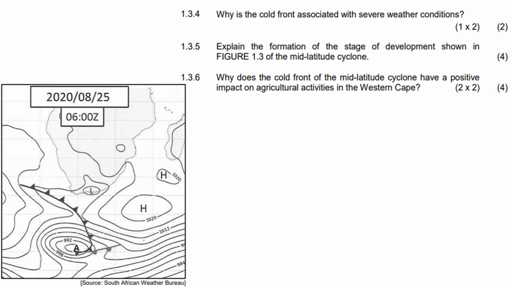1.3.5, explain the formation of the stage of development shown in figure 1.3 of the mid-latitude cyclone. You need to be able to identify that this mid-latitude cyclone is in the occluded stage. The question wants you to explain how an occlusion happens, and you're going to say that the cold front moves faster than the warm front.